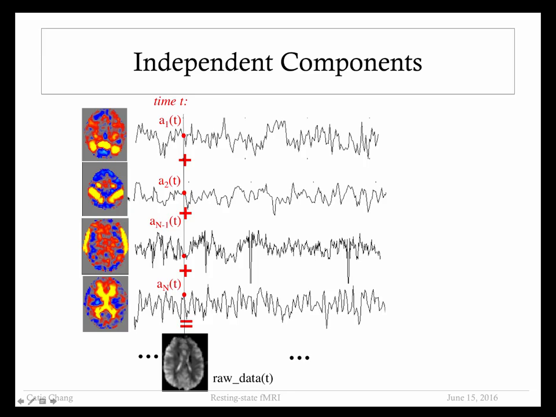And so if we are interested in just one or two particular components, you can choose to carry that forward into your analysis. Or you might be interested in identifying the components that are noisy and removing them from your data, and then reconstructing a cleaner data set from the remainder. But this also requires some way of identifying those noise components, which I'll talk about in a second.